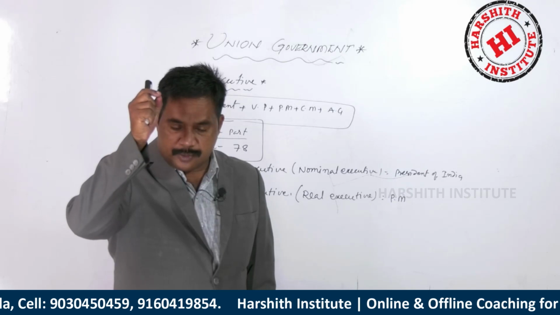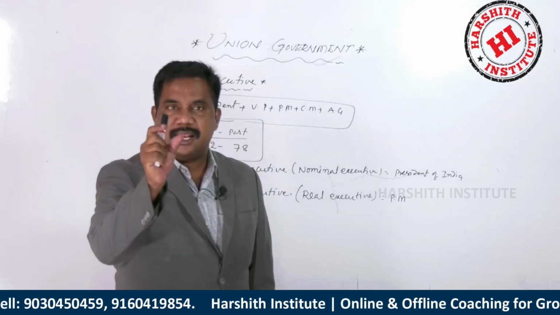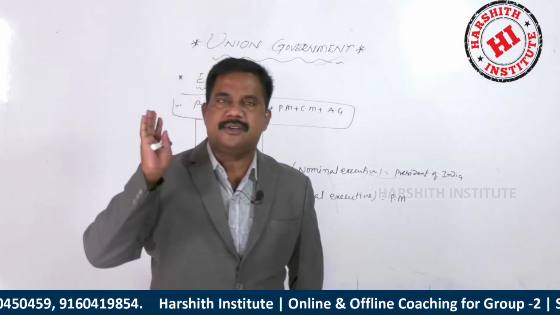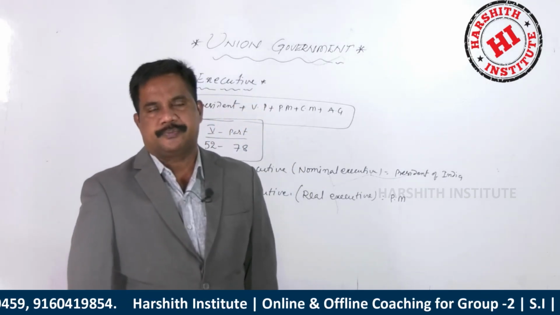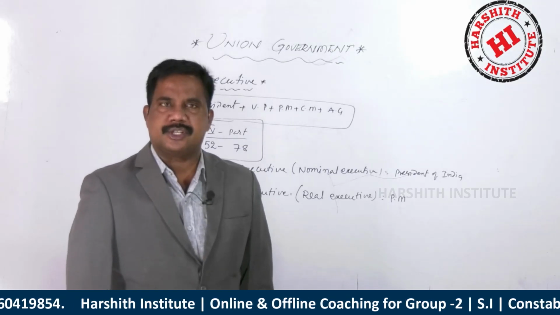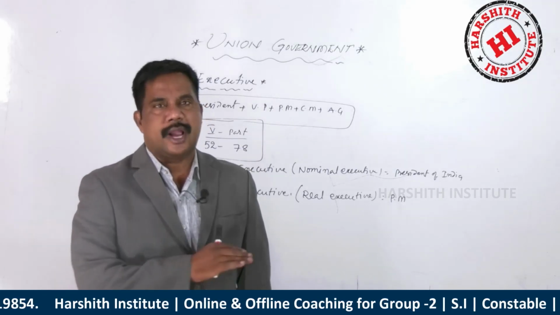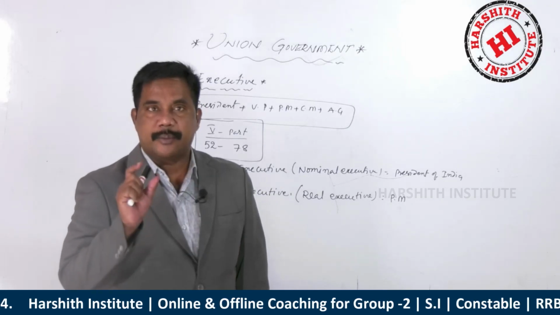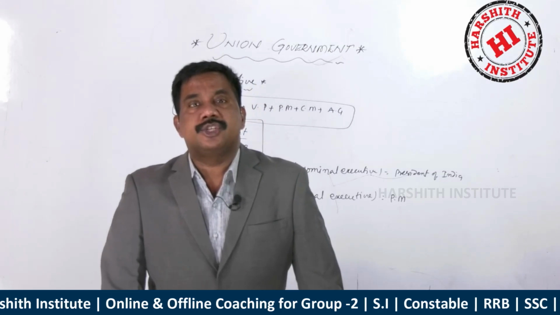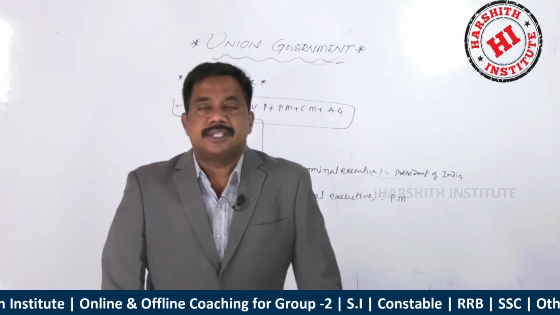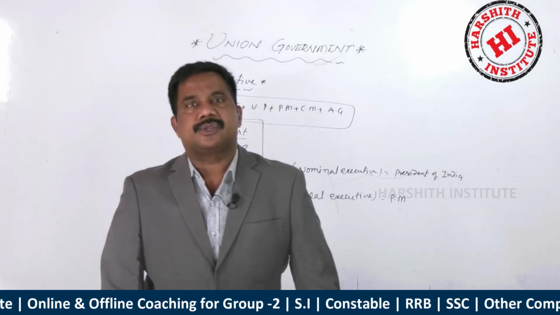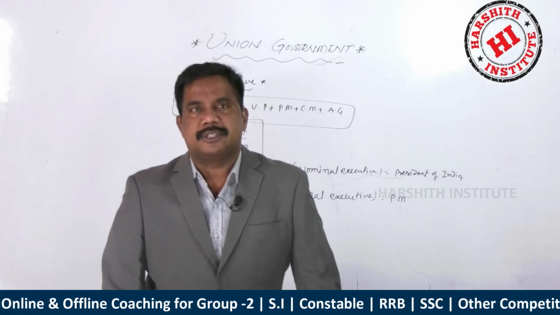Only presidential government will have a single real executive. But parliamentary government systems like India will have two kinds of executives. Tomorrow you may get questions in the examinations asking what is de jure and what is de facto. We have faced these questions many times in competitive examinations.